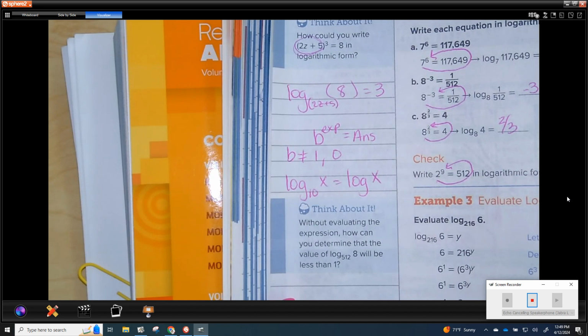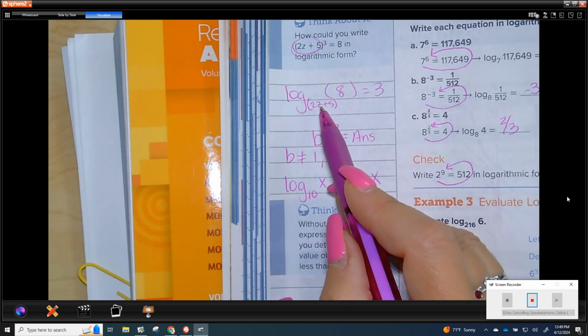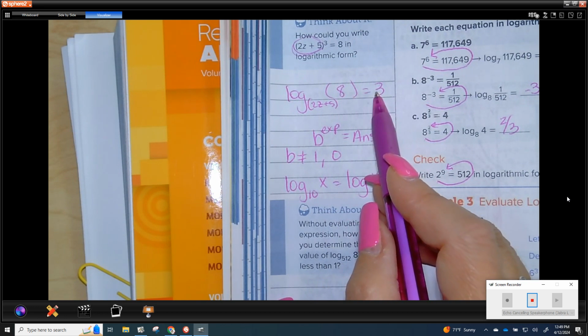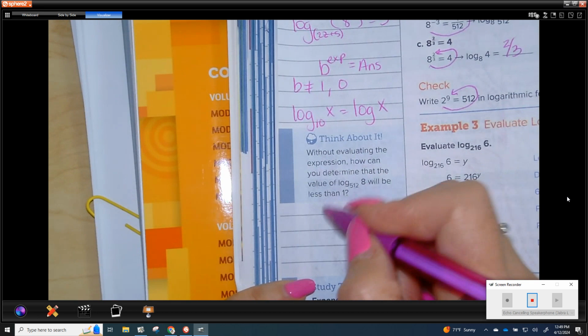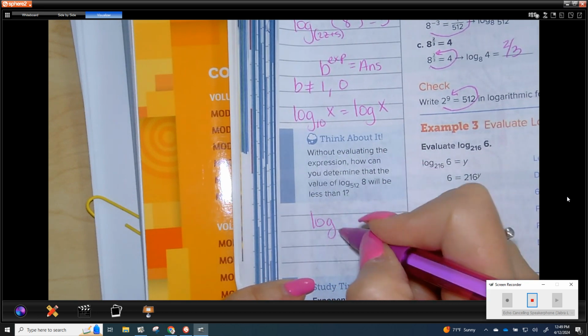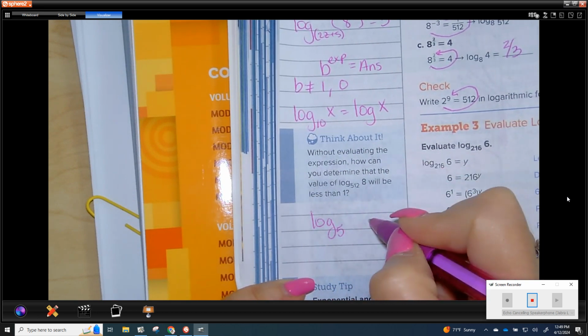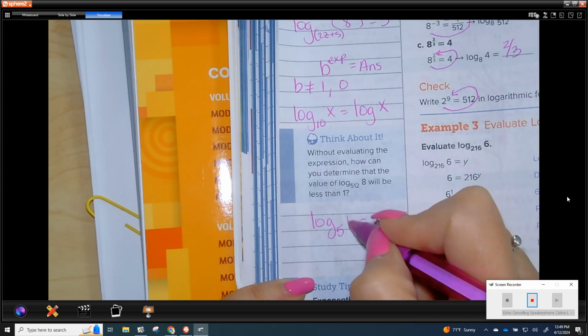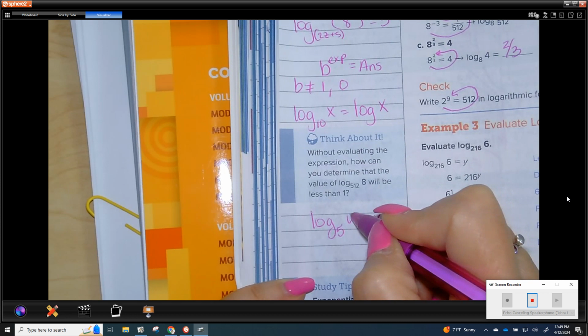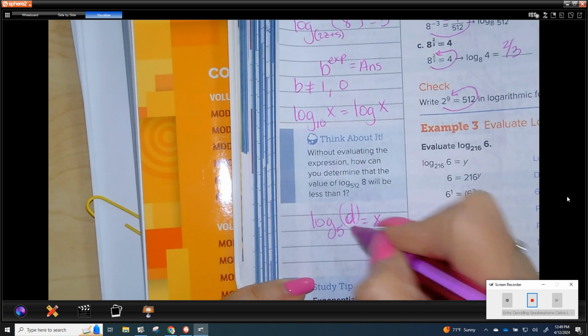Okay, so in the calculator, if you don't put a base, it's base 10. The other thing is, if your base is positive, no matter how many times you multiply, your answer will be positive. So if I have log base 5 of D, I'm going to put D, I don't know, just for a different letter.